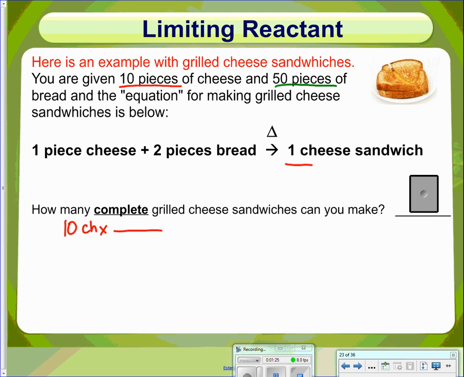From the balanced equation, since it's going to take me 1 piece of cheese to make 1 cheese sandwich, that's a 1-to-1 ratio. So this is like the ratio step in stoichiometry. So 1 piece of cheese for every 1 sandwich. And I end up finding out that I can create 10 sandwiches.